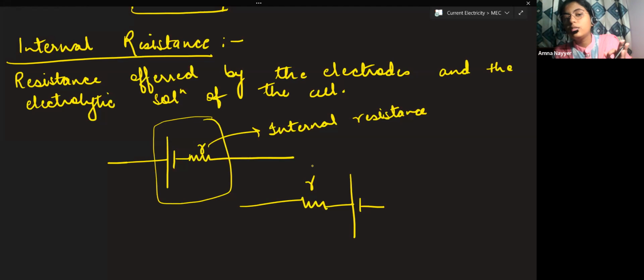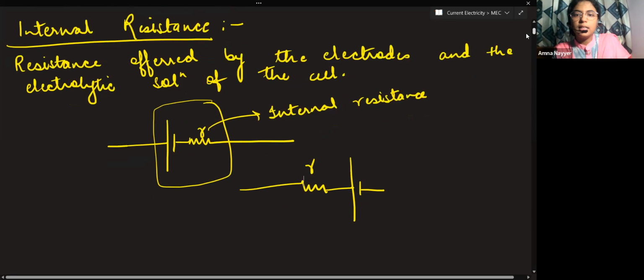Understand these three terms very clearly: internal resistance, terminal potential difference, and electromotive force. Electromotive force, let's see right now what is meant by electromotive force. You must have heard of the term EMF. If not, hear it today.